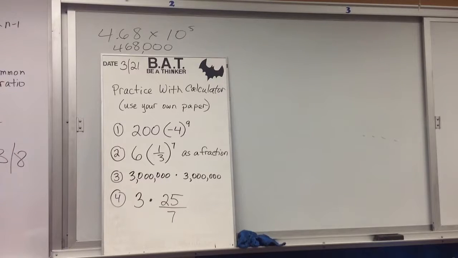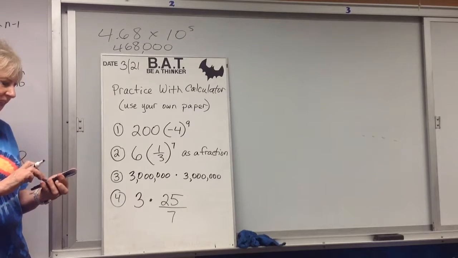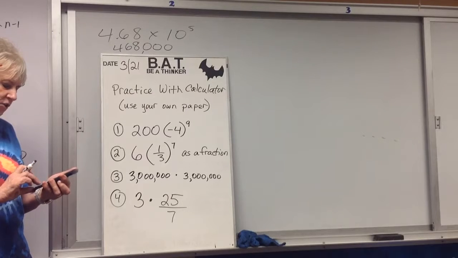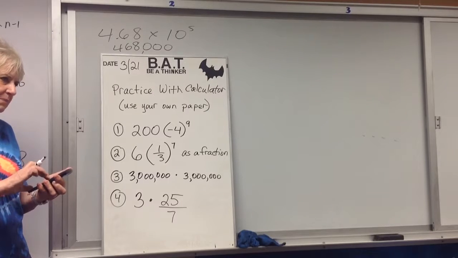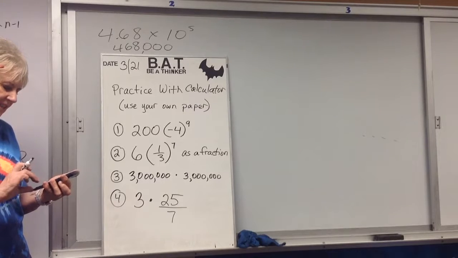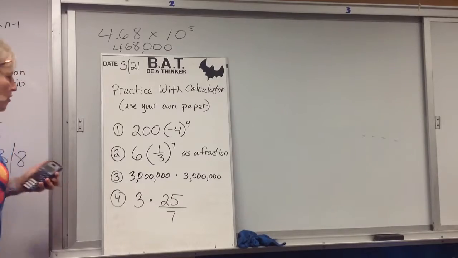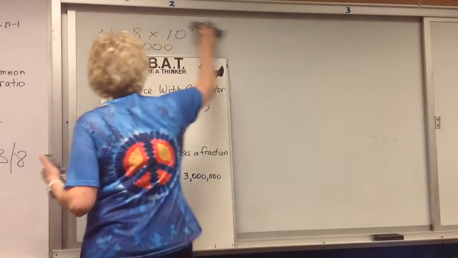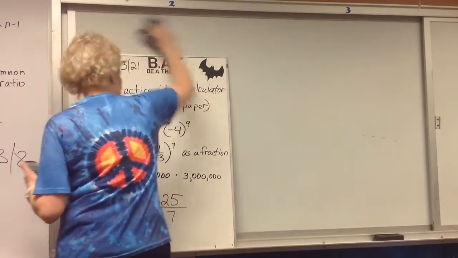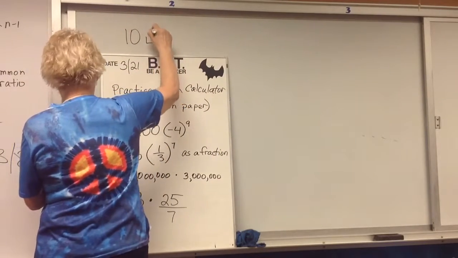Now to do 3 times 25 sevenths, take 3, left parenthesis, 25 A and B over C, 7, right parenthesis, equals. You get a weird number that looks like a U with a square.